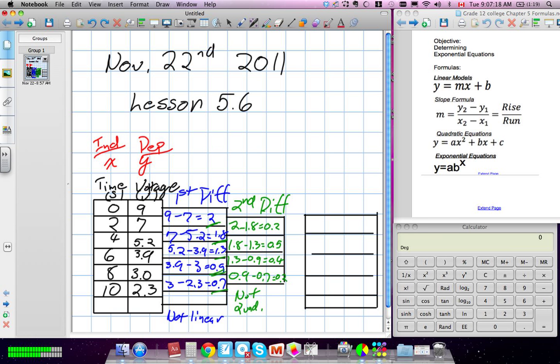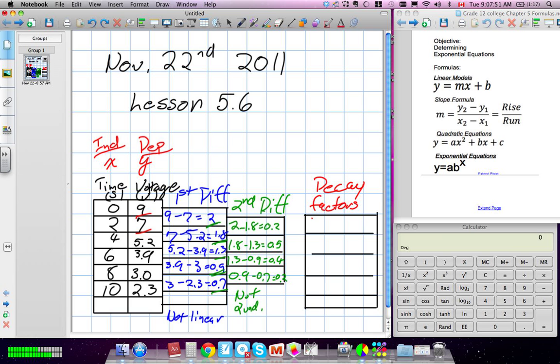Our voltage, is it increasing or decreasing with time? Decreasing. So am I working with growth or decay if it is to be one of these? Decay. So that's important. We're going to look at our decay factors and make sure we know the difference. Because it's going down, if this model is exponential, it is a decay model. Decay factors. In order to find decay factors, we're going to divide our y variables, or our dependent variable.